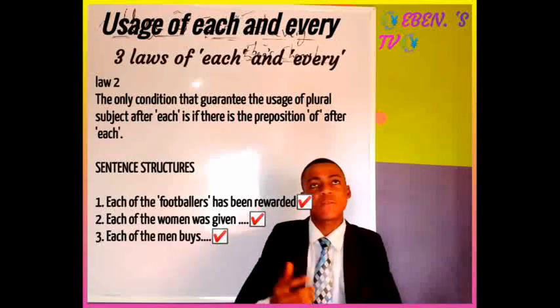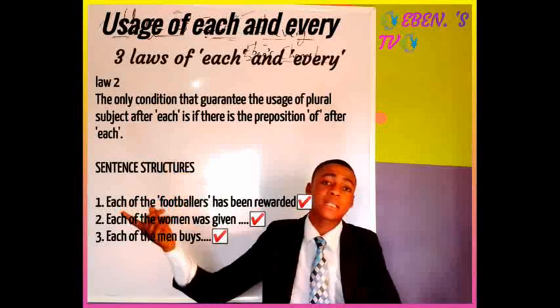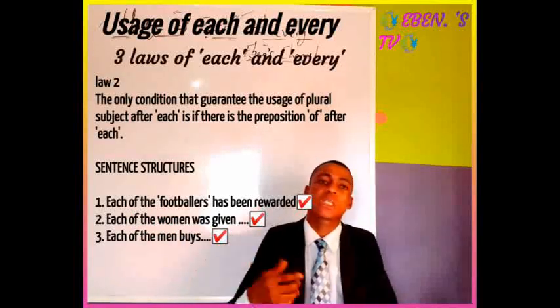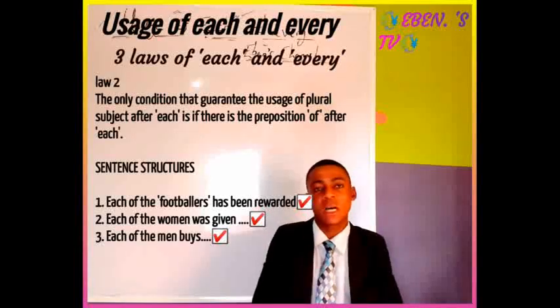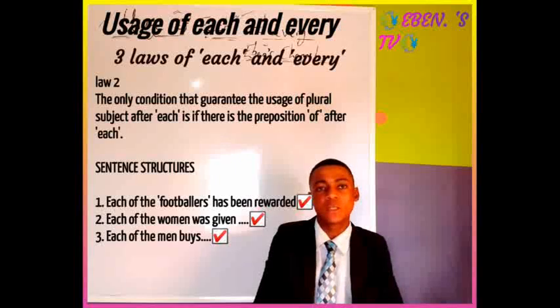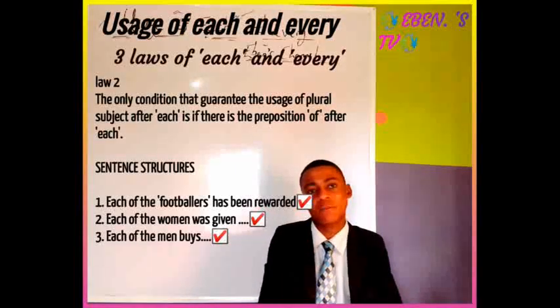Let me give you an example. We have examples like each of the footballers, each of the women, each of the men, and so on. Now, let me make you understand something. That doesn't change the fact that you should use a singular verb after it.